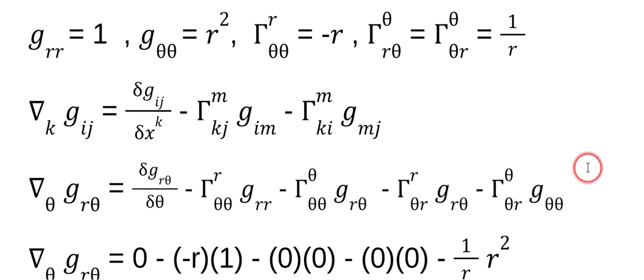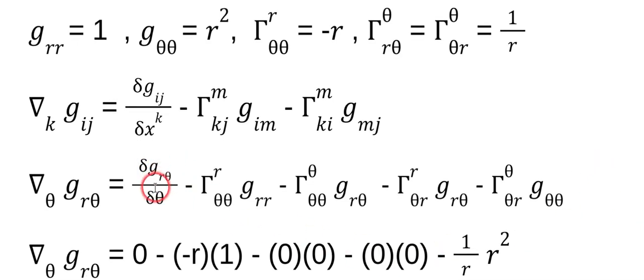So let's do that. This is 0 because I don't have one. This is minus r, this is 1, 0, 0. I don't have that one, that's 0, we know. Here's one: minus 1 over r because there's a negative here, and g theta theta is r squared.